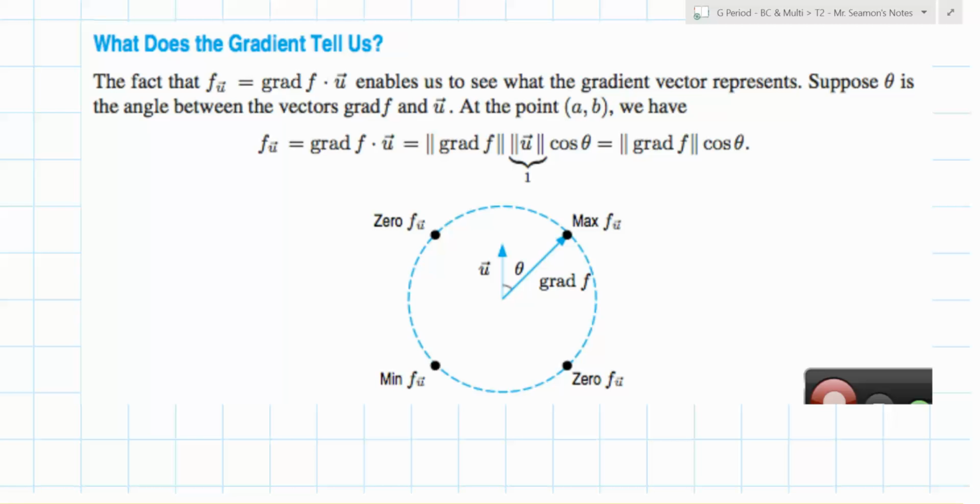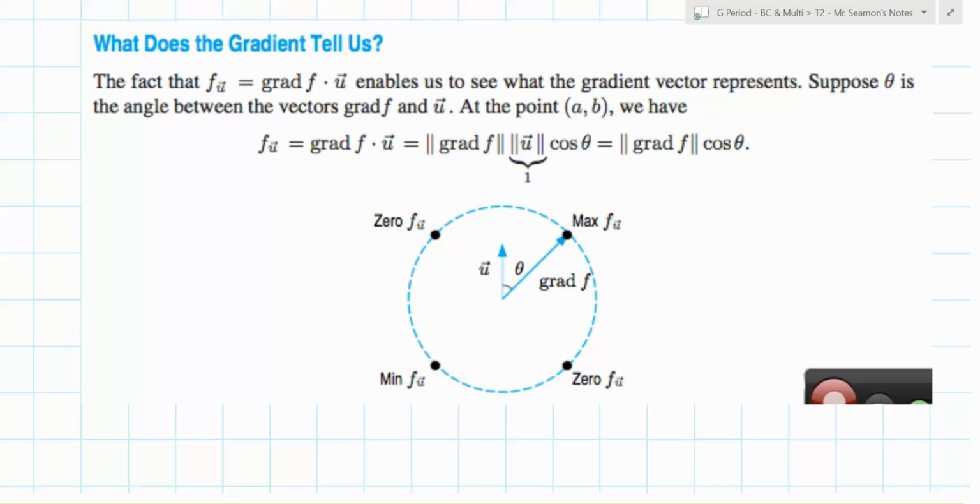The gradient vector at any given point is going to be a vector. Here's the point we're at, and here's the gradient vector. At that point, you could start walking in any direction. So this u vector could go in any direction.